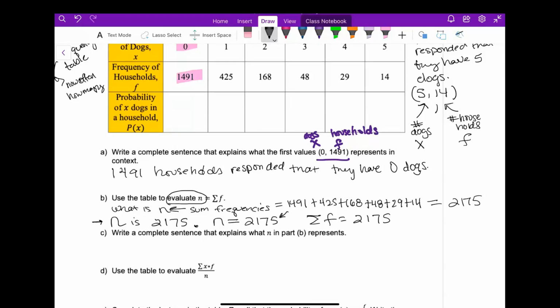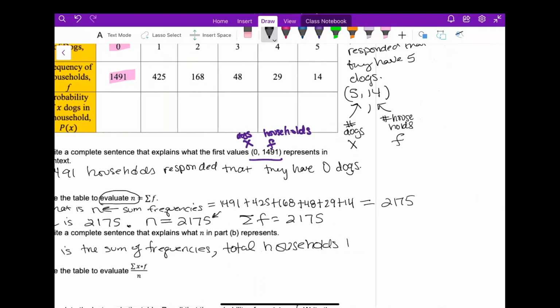N is the sum of the frequencies, but even further in context, N is the total households that answered the survey.